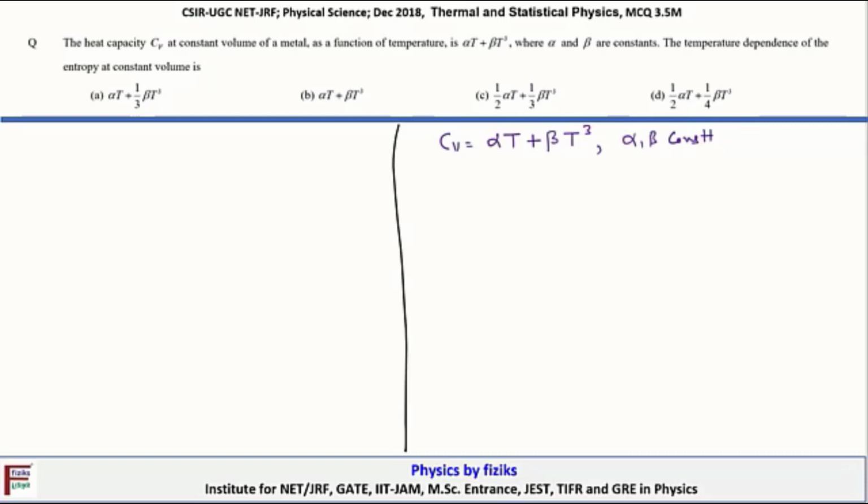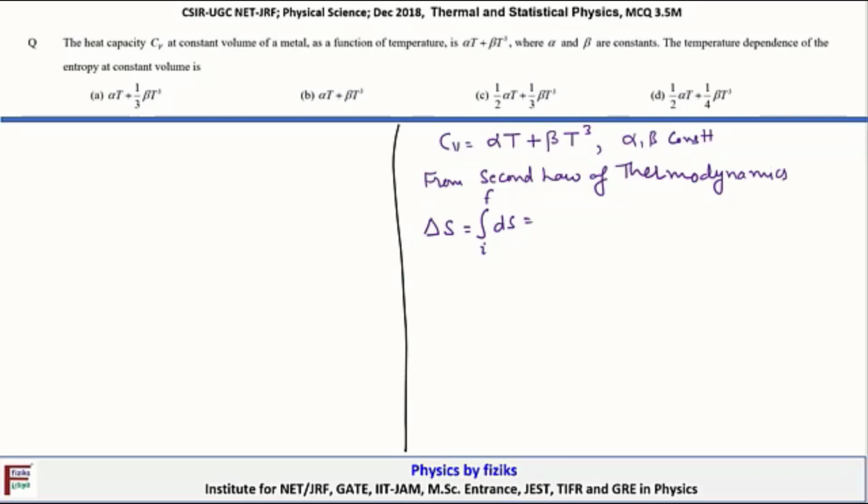From the second law of thermodynamics we know that delta S, the entropy change between two equilibrium states, is equal to the integral of dS from some initial state to final state.